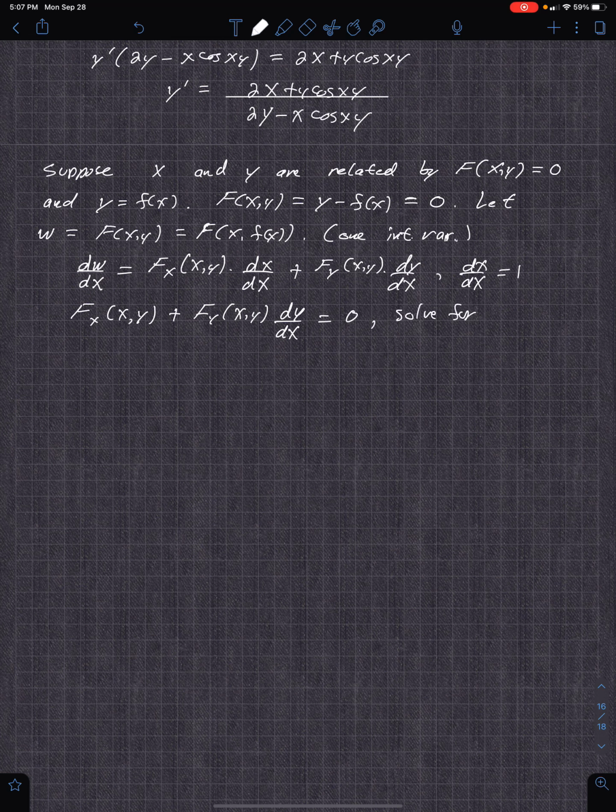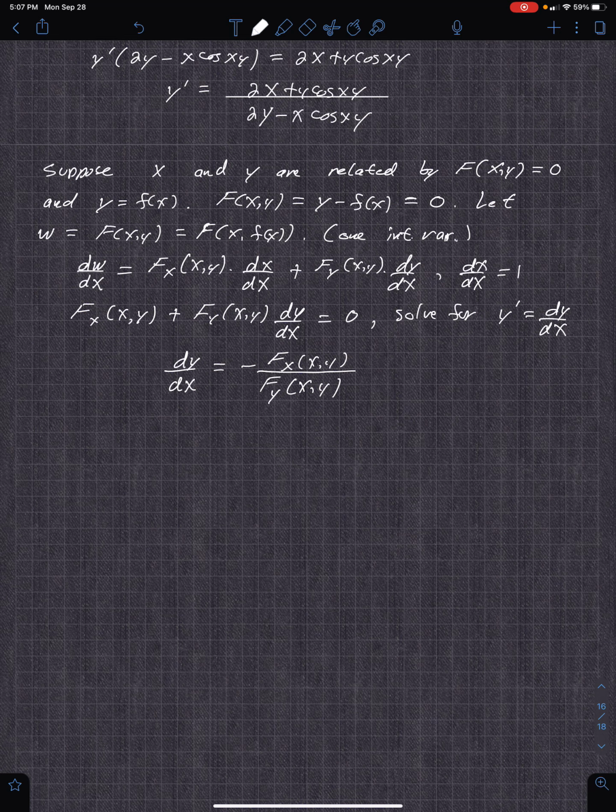Now solve for y prime, which is your dy dx. Well, that's easy, right? Just subtract your partial F_x and divide by partial F_y, and you've got it. So dy dx is equal to negative partial F_x of x, y over partial F_y of x, y.